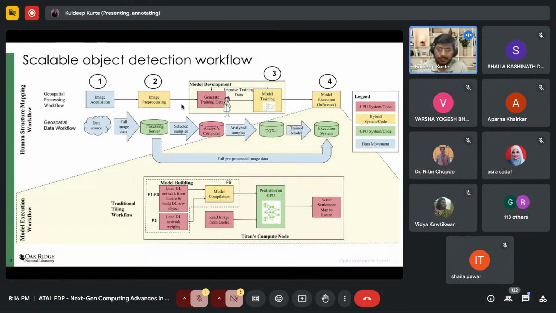Second stage is image pre-processing. To give you a very simple example, in the previous slide I mentioned that the GPU RAM capacity was limited, say 4 GB, and say your satellite image is about 20 GB. You want to put that entire image into the GPU, but it is not possible.